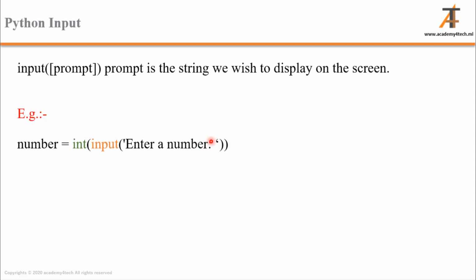Once the user enters it, I'm accepting the value using the input function and then converting the value to an integer, because normally when the user enters a value it is considered a string, so you may have to convert it into your own variable type. Sometimes it may be a float, sometimes an integer. Sometimes the user may enter a float and you only need an integer, so you can convert it directly. So this is how input works.